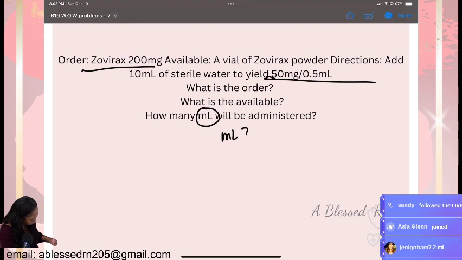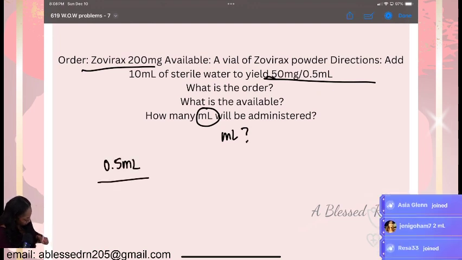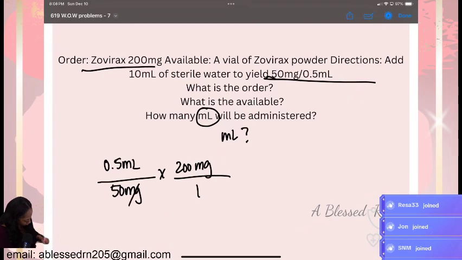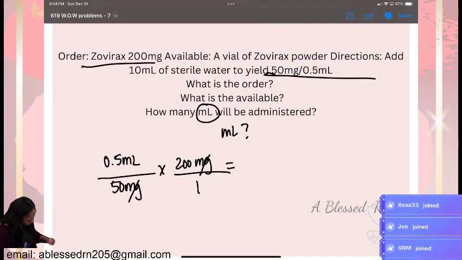So we are looking for mLs, and we're going to start with mLs. 0.5 milliliters over 50 milligrams. Then we have 200 milligrams in our order. Mg's cross out, and that's going to leave us with mLs. 0.5 times 200 divided by 50 is going to be 2 milliliters.